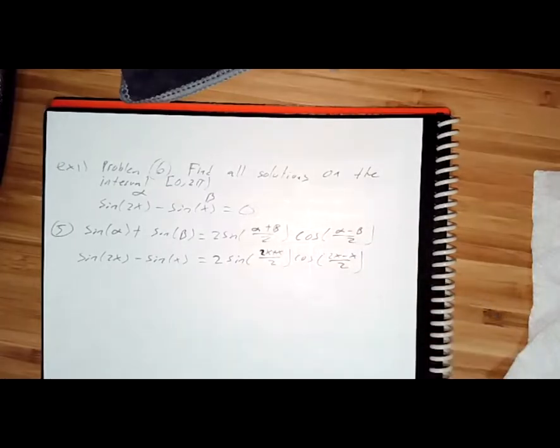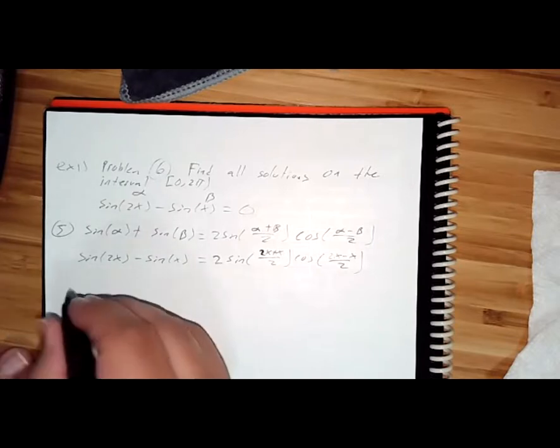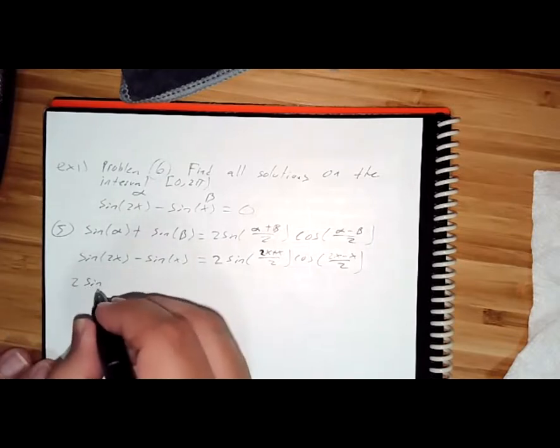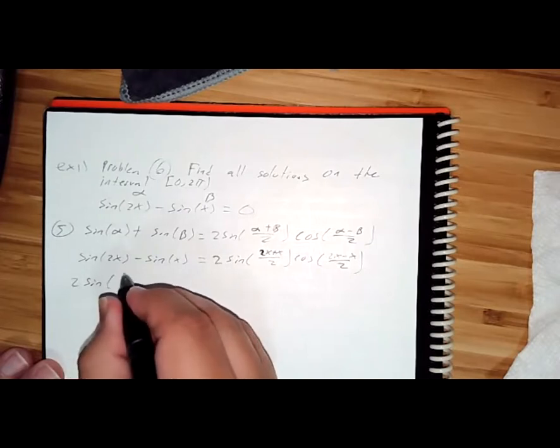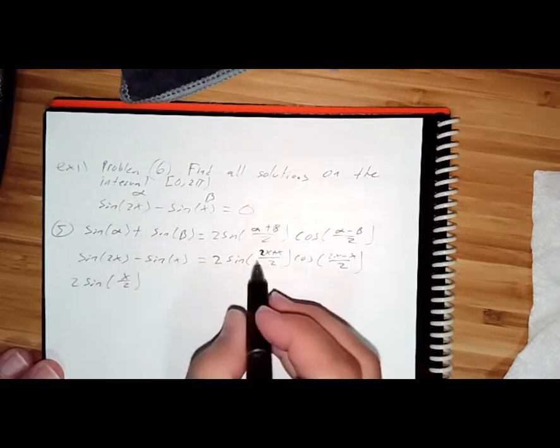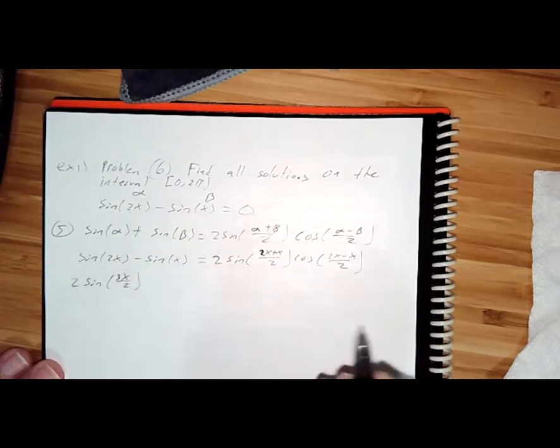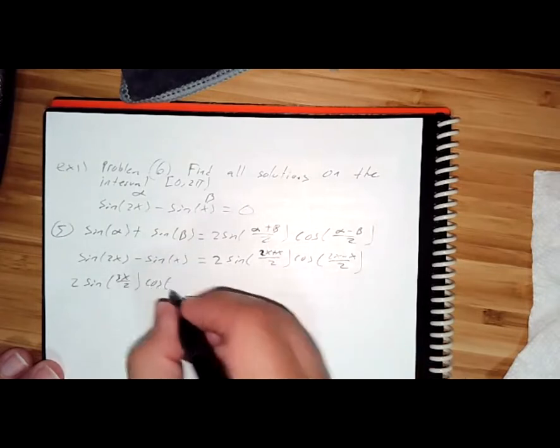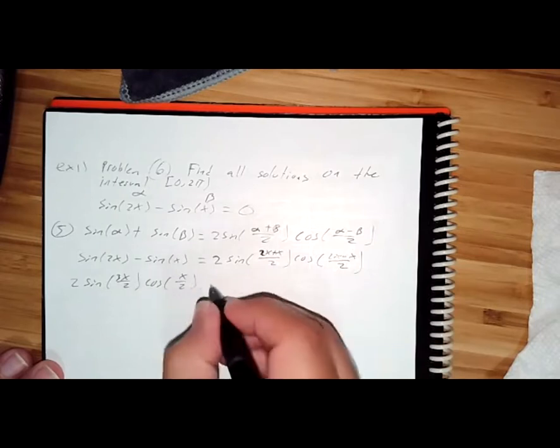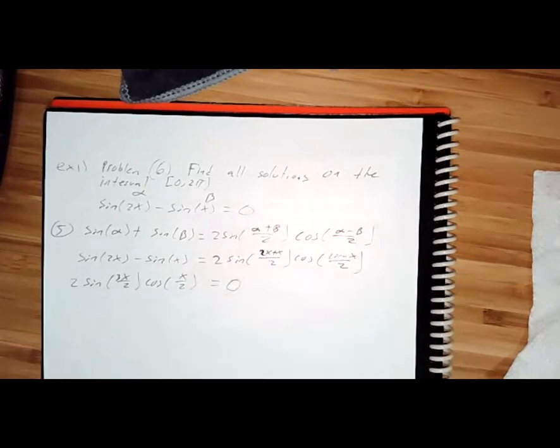Okay. So make that a little prettier. Let's see if this is helpful. So now we have the sine of 3x over 2 times cosine of x over 2 equal to 0. The 2 doesn't do anything. You can divide both sides by 2, which will basically cancel it.